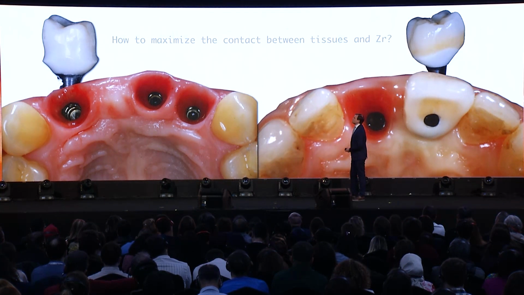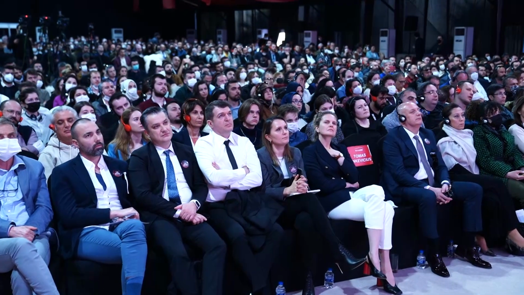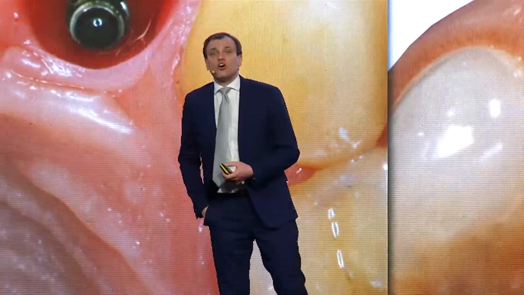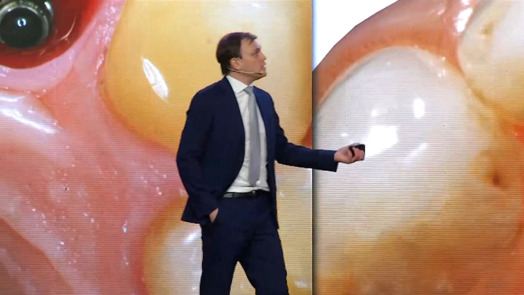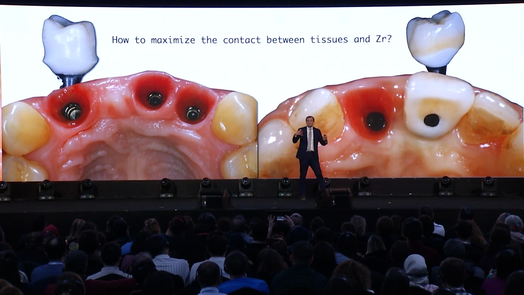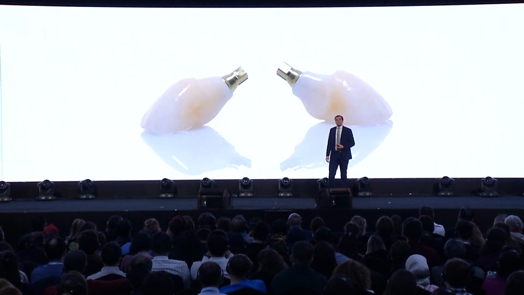This surely brings me to one of the last questions I still have some time to address. How to maximize the contact of zirconia to the tissues? If zirconia is so good, let's make it as much contact to the tissues as possible.